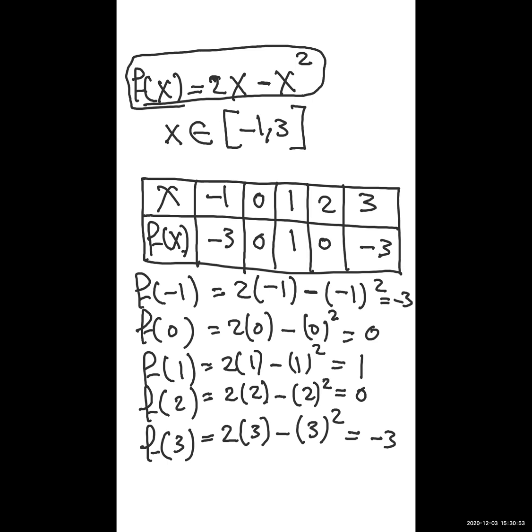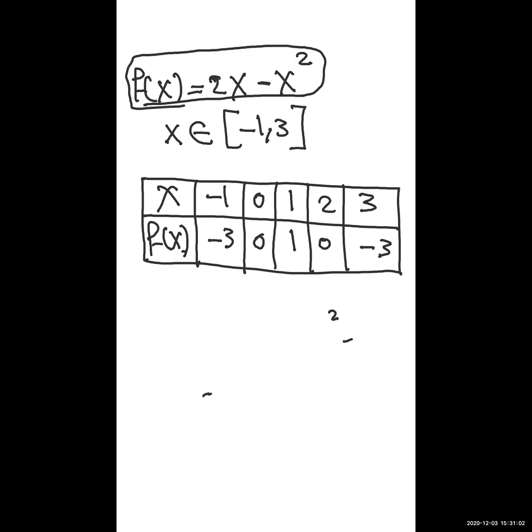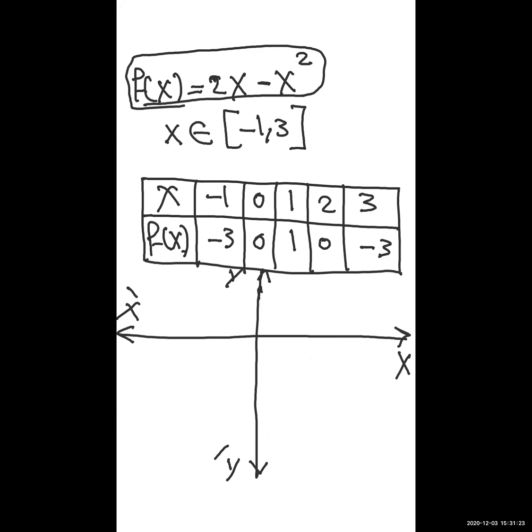Then start your representation of points. Now this one is x and this one is y. It's like this: x, y, x dash, y dash.